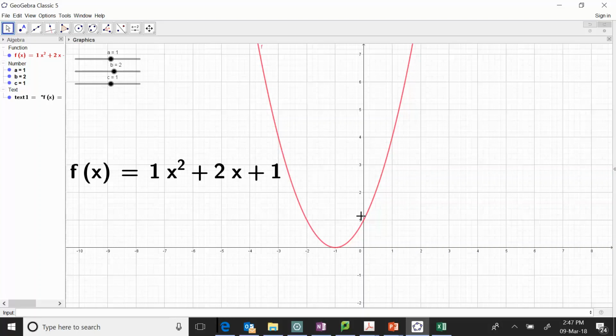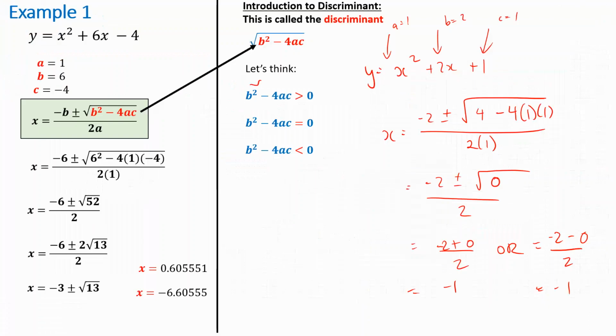Now we said that if b squared minus 4ac is larger than 0, it should have two x-intercepts. True? The only way to have larger than 0, since this is 4 minus 4, is to change b. If I make b larger than 2, because the formula has b squared, I can try 3. 3 squared is 9, and 9 minus 4 is 5.